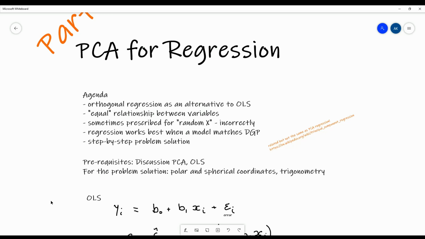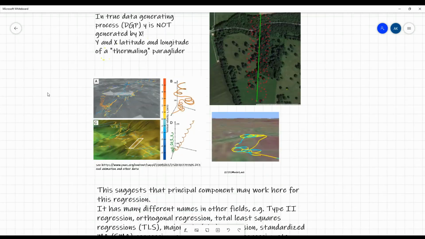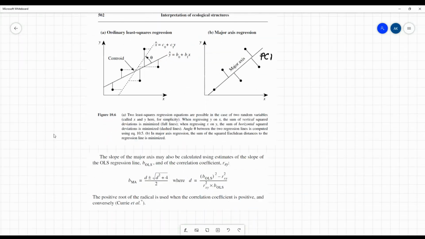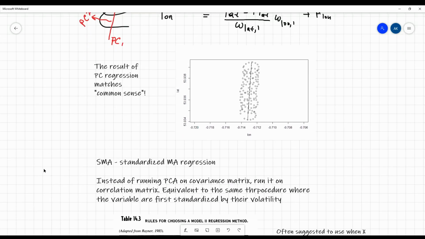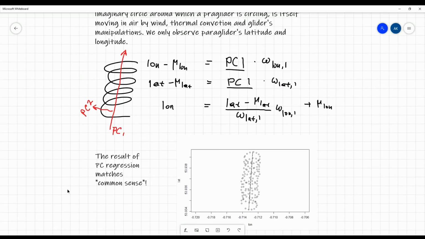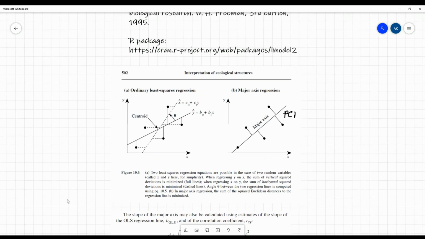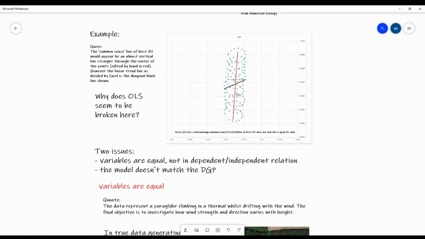Then at the end of part 3 we focused on the following point. We said even orthogonal regression for the problem which we looked at in the beginning, which is a paraglider, right? We saw this paraglider data, and we started the whole conversation with saying that ordinary least squares regression wasn't producing a reasonable fit, that it seems like it should be some vertical line.